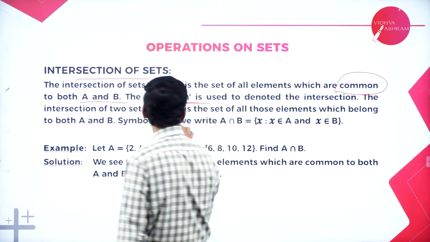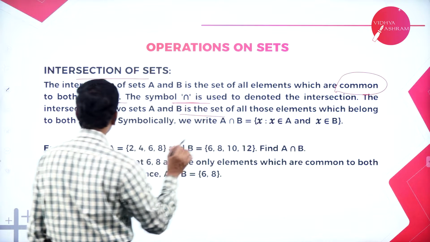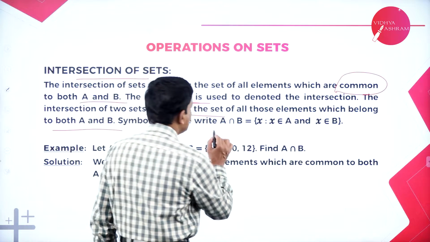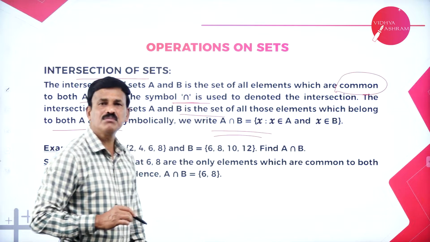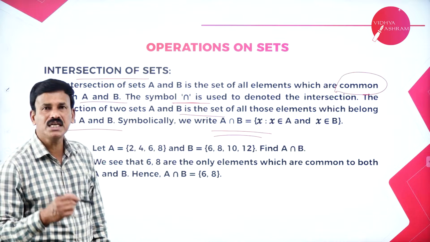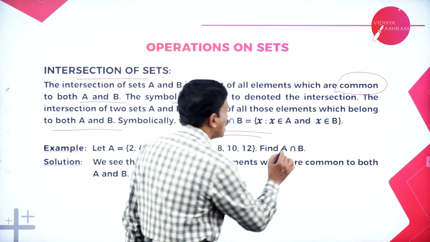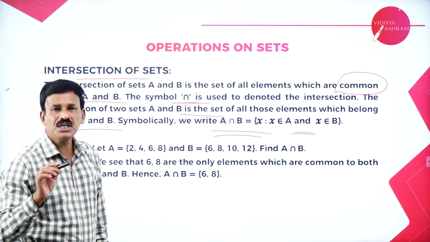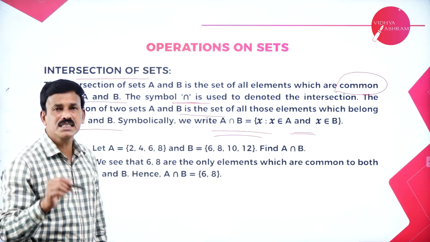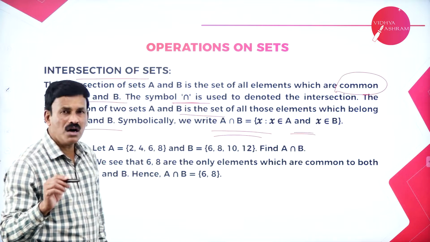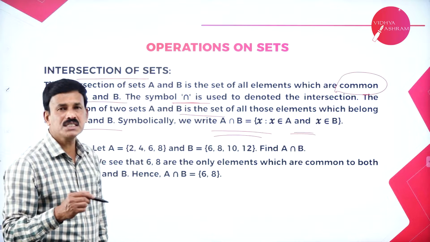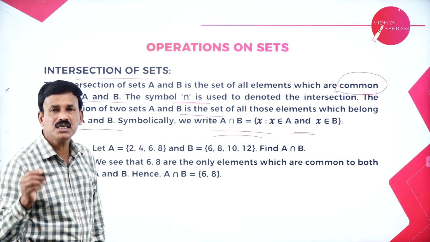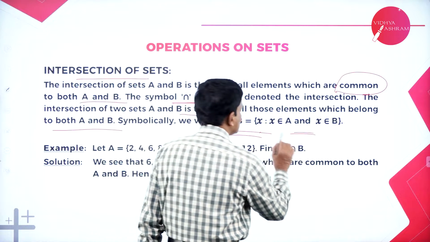It is symbolically denoted as A intersection B, and is given by A intersection B is equal to a set X such that X belongs to A and X belongs to B. Whereas in union, A union B is equal to a set X such that X belongs to A or X belongs to B. Whereas in intersection, A intersection B is a set X such that X belongs to A and X belongs to B. This is the intersection.